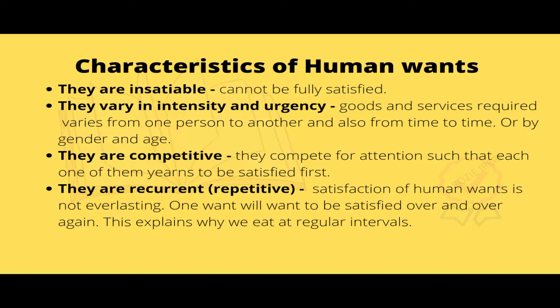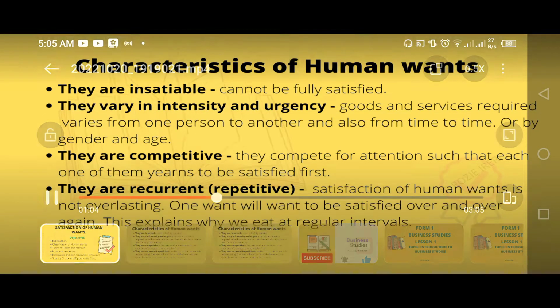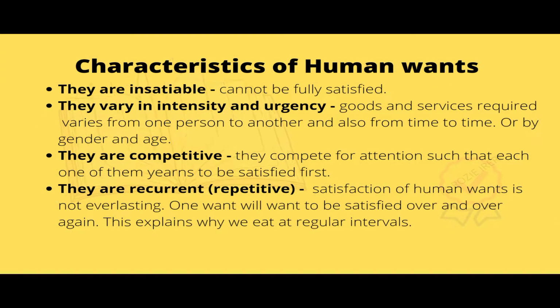They are also competitive, meaning that each want seeks attention to be satisfied fast. They are also recurrent, or they keep on repeating. Satisfaction of human wants is never everlasting, and that is why wants need to be satisfied over and over again. That is why we eat at regular intervals. You eat today, you want to eat tomorrow, the day after tomorrow, over and over again.